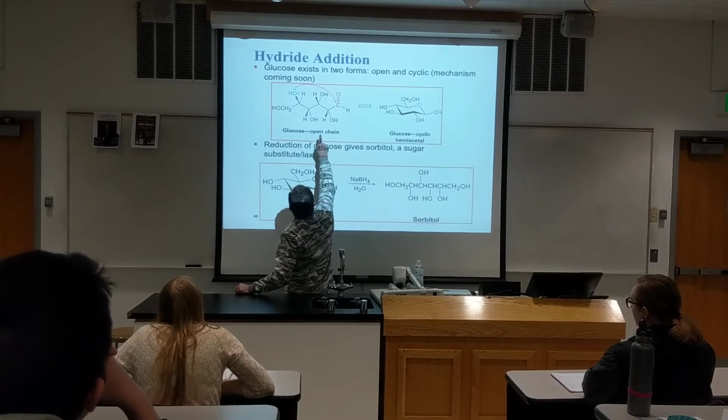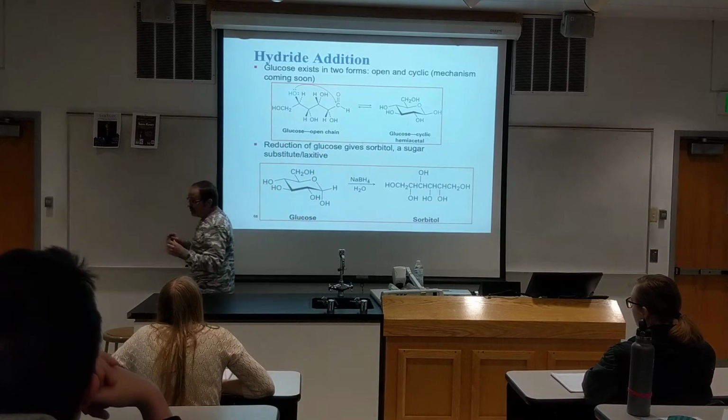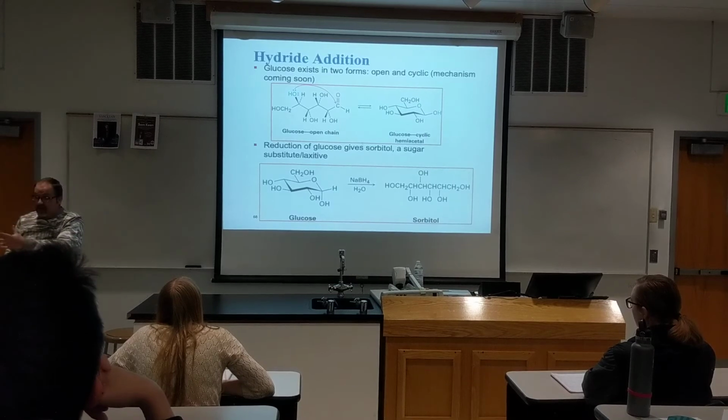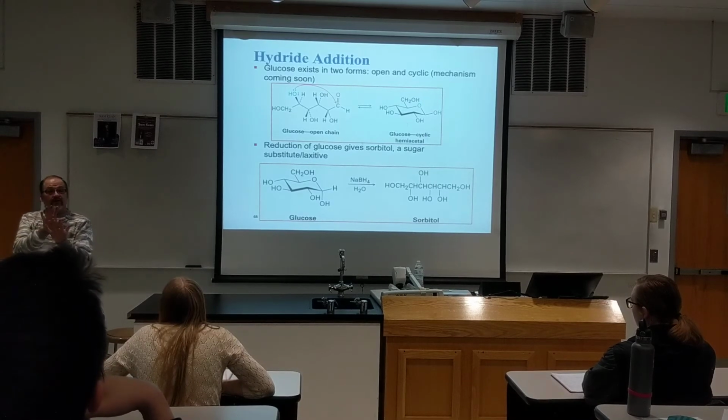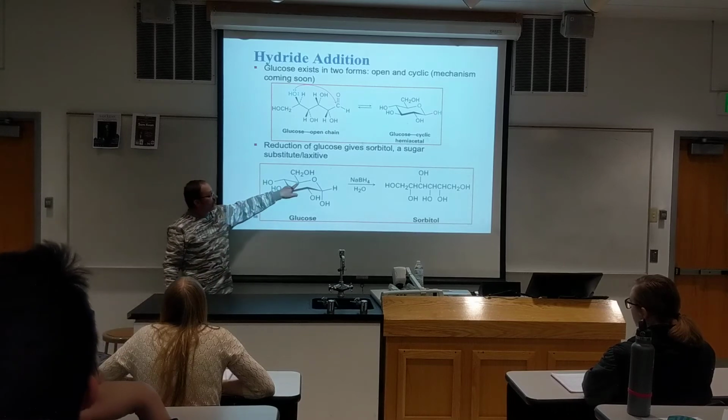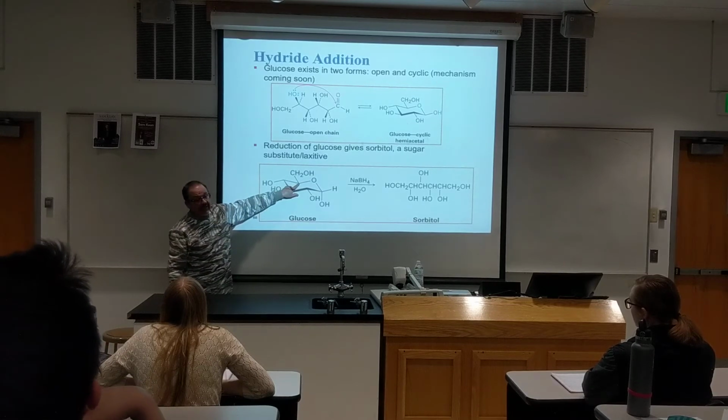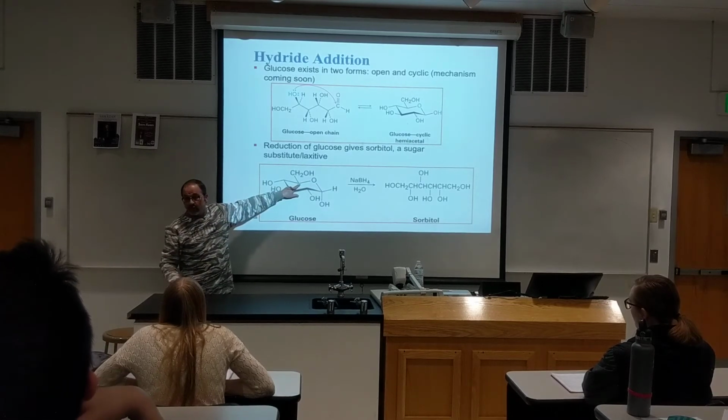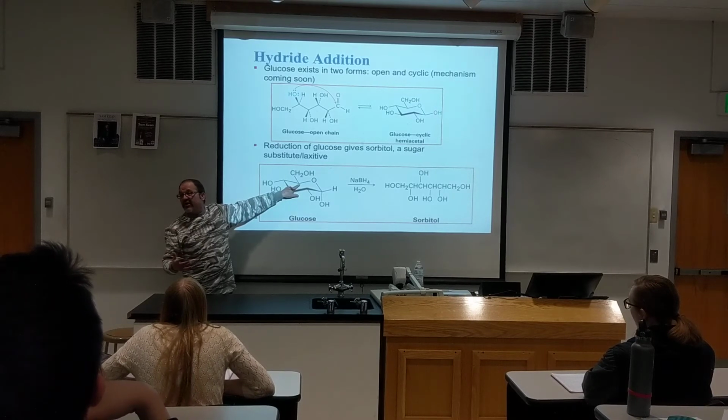Up here, yeah. So here's what happens: in your body, and what we're going to learn is you have sugars that have a specific configuration about this carbon. Okay, and this carbon is, we're going to call it a D or an L. It's going to be like R and S. They're going to teach you a little bit of stereochemistry.